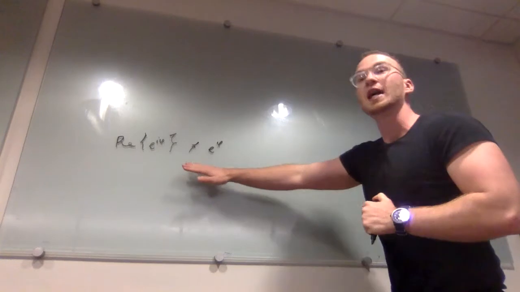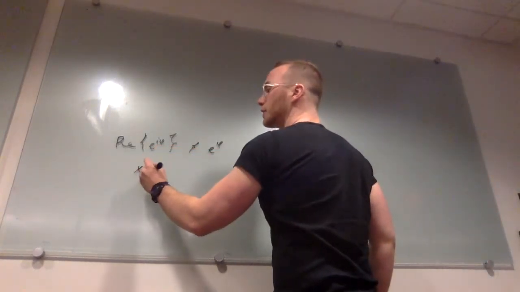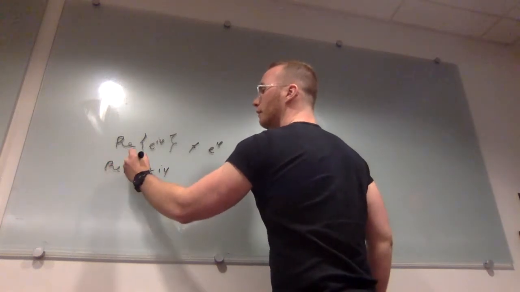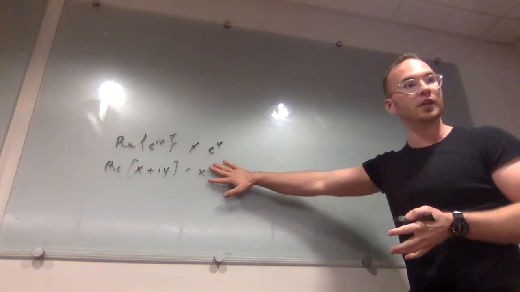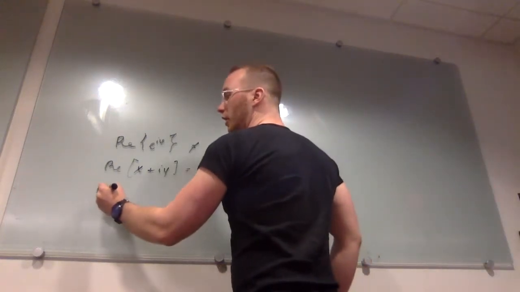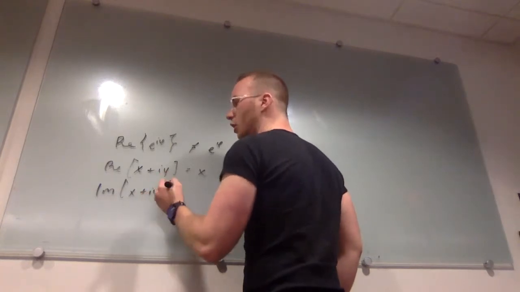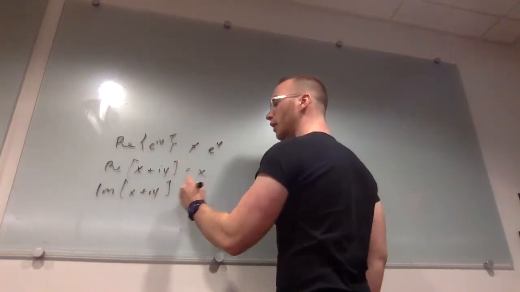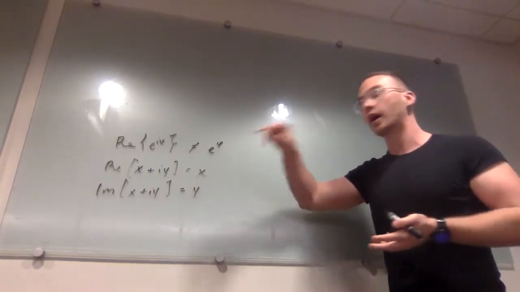I'm clarifying because it's very tempting. It sounds like, well, the real part of something, if you have x plus iy, the real part of this is x. This is exactly right, always. And then the imaginary part, we don't normally care about, because you can pretty much always write things to only use the real part. So these are the definitions, right?